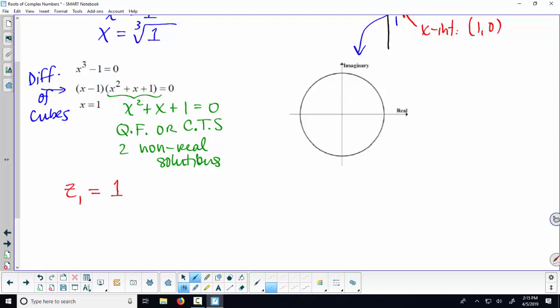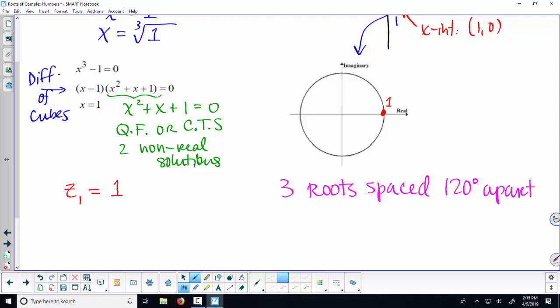So let's graph this, and right here is my first root. Now, because it's cube roots, we are going to have 3 roots spaced evenly about a circle of radius 1. They're going to be 360 divided by 3, spaced 120 degrees apart.